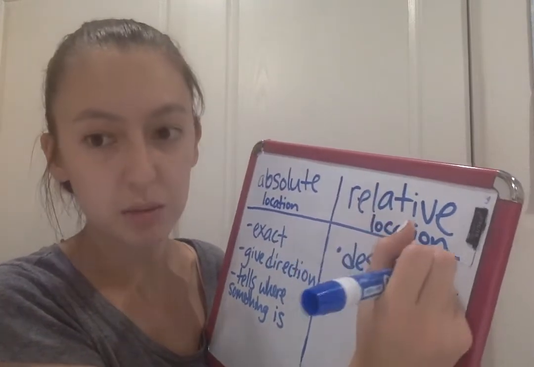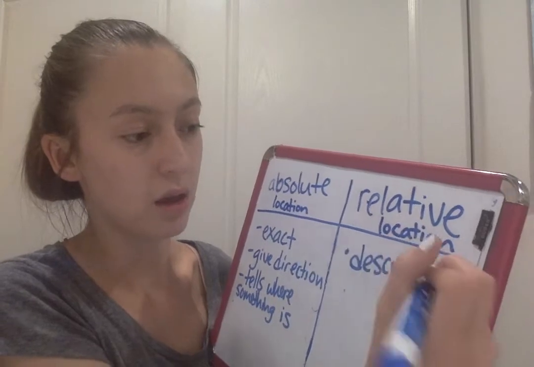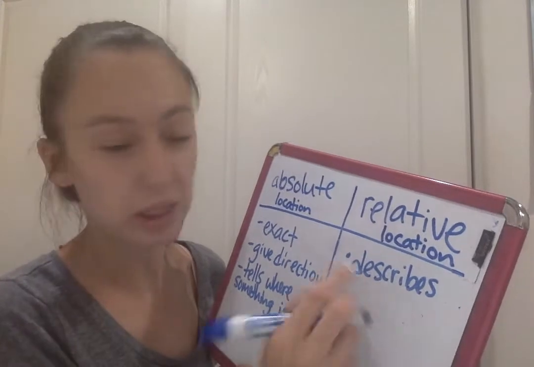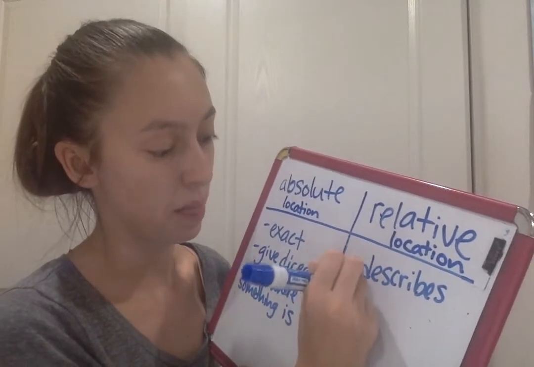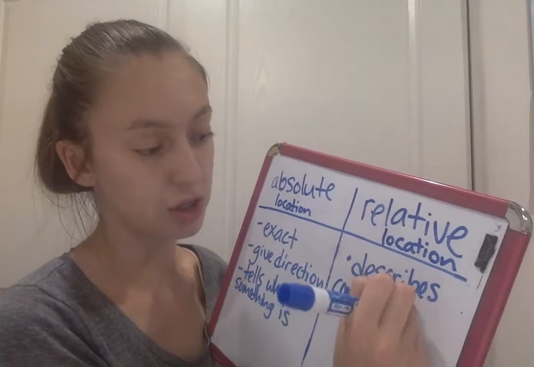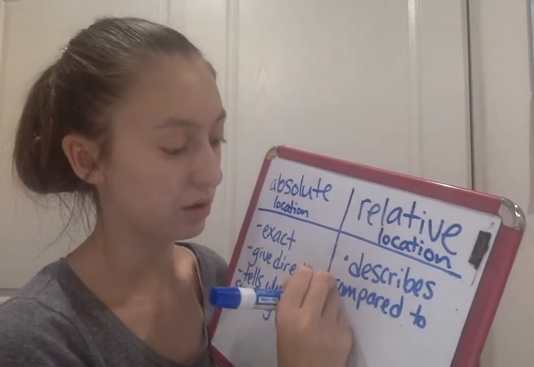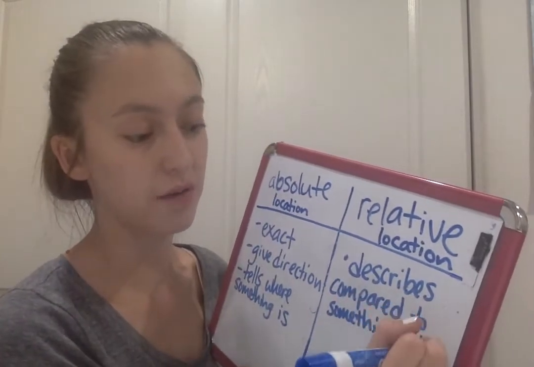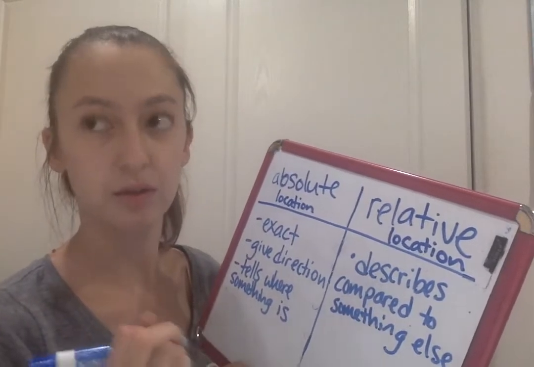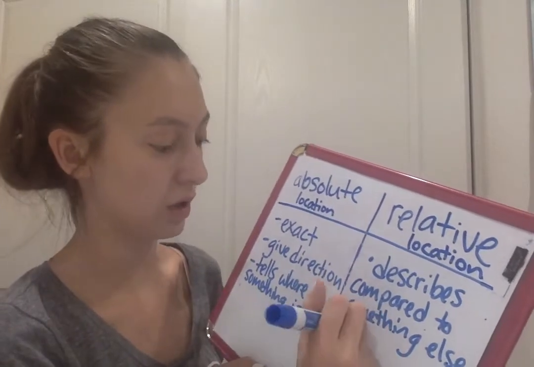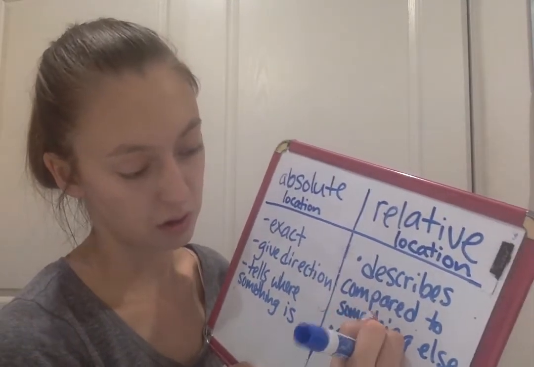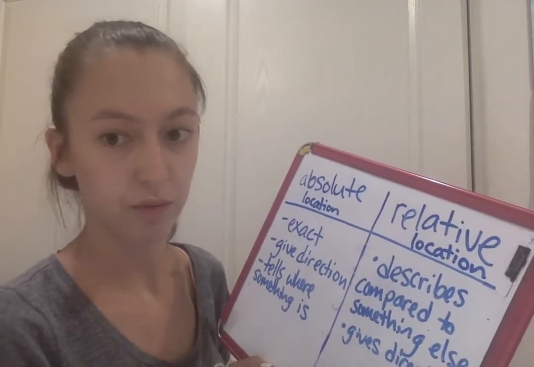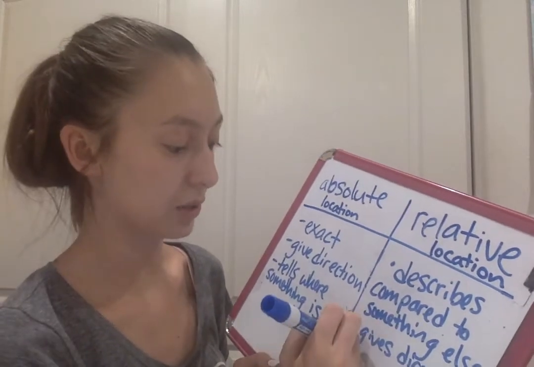It describes, I don't have enough room, so it describes where a place is compared to something else. Does anyone have anything else for relative location? Yes, it also gives direction. And tells where something is.